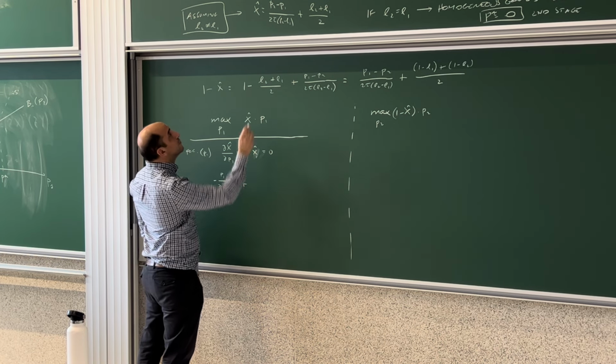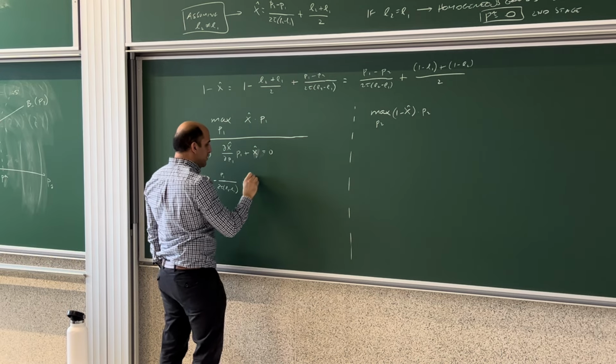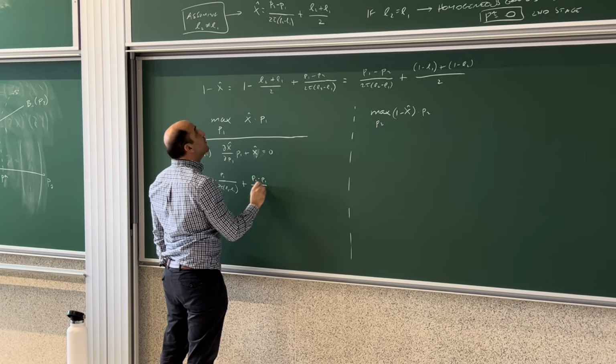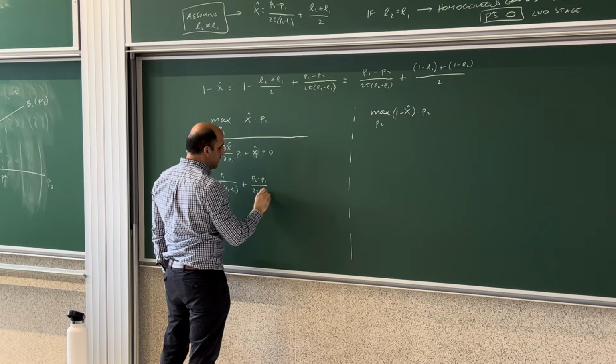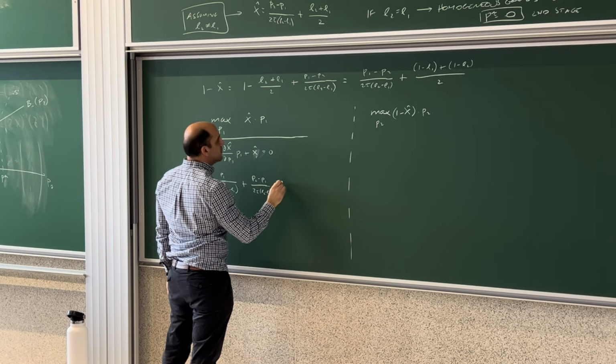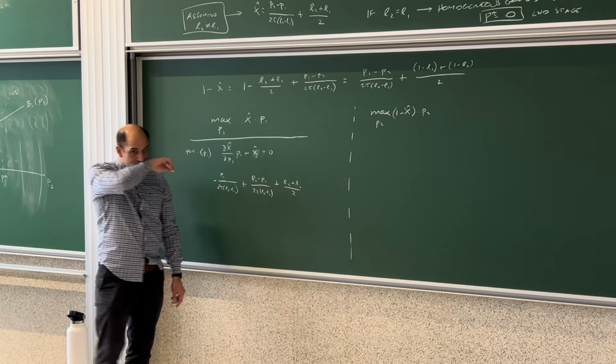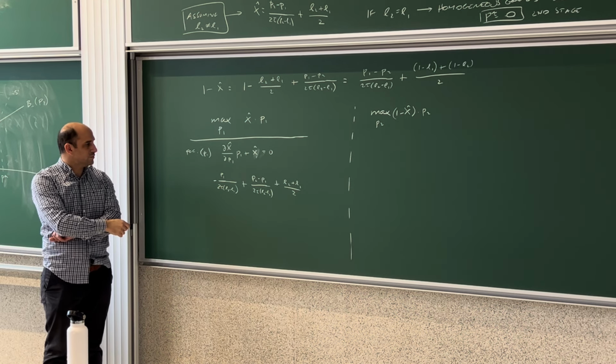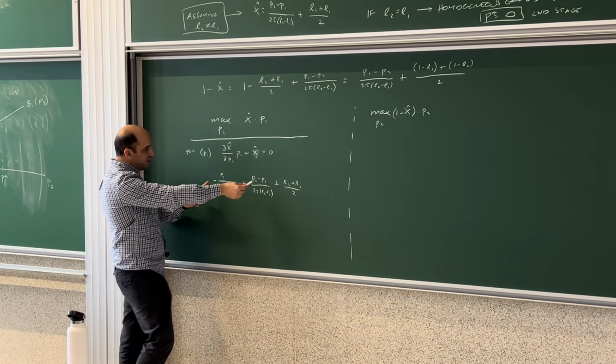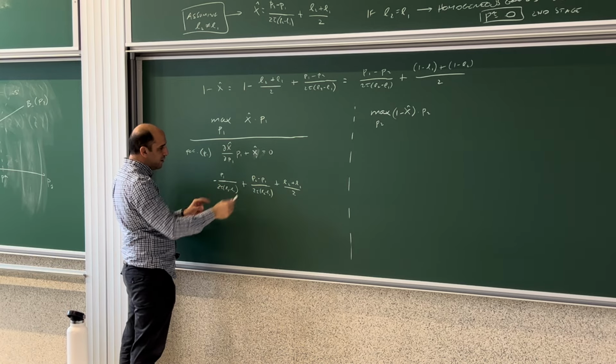And then plus that whole thing: P2 minus P1 over 2 tau L2 minus L1, plus L2 plus L1. Okay, now we can combine this minus P1 and minus P1 here.